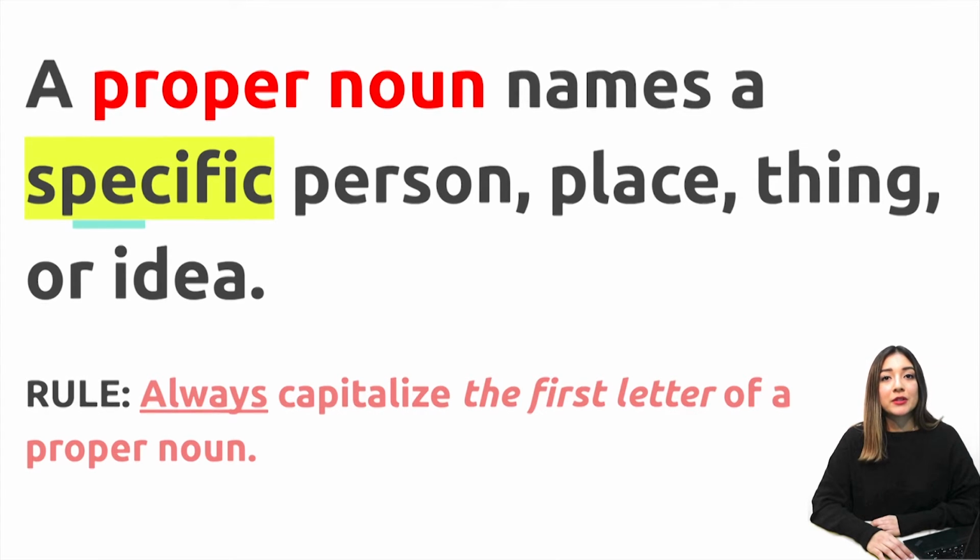Whereas if I were to say I live in Toronto, Toronto is a specific place in Canada. So when we talk about a proper noun, we are talking about very specific things, something that we can identify for its uniqueness. When we want to write proper nouns, we always capitalize the first letter of the word.